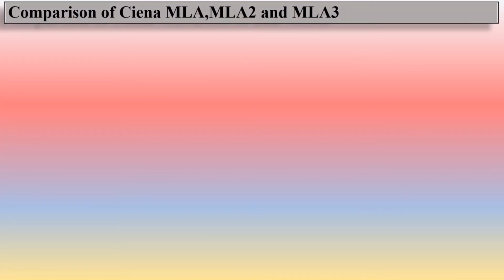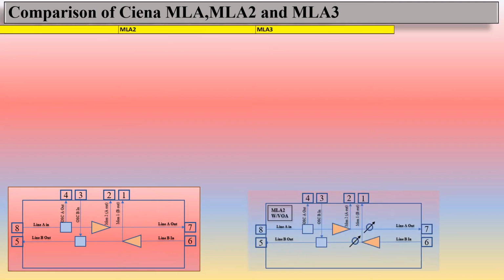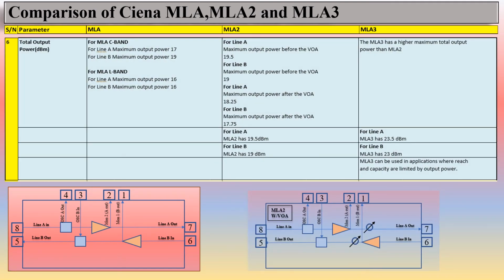So moving to some other parameters. This parameter is the total output power. You can see here for line A, maximum output power for MLA C band for MLA is 17. So what is the output port for line A? You can see here the output port for line A is port number 7 and the output port for line B is port number 5.